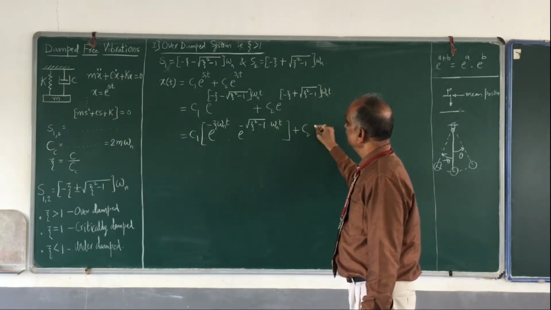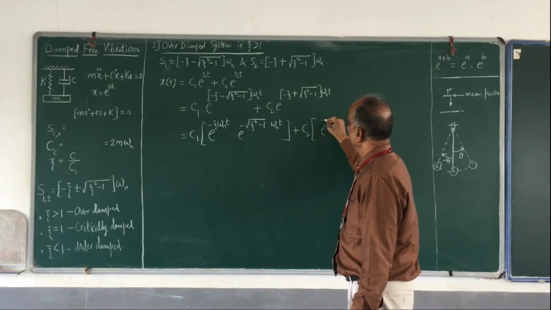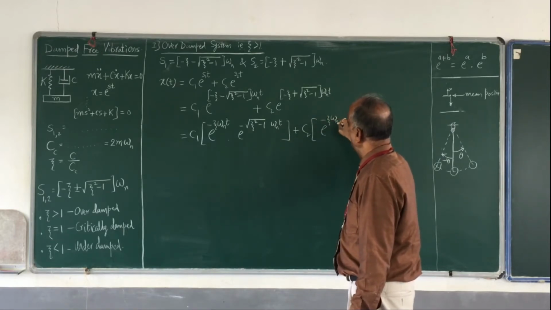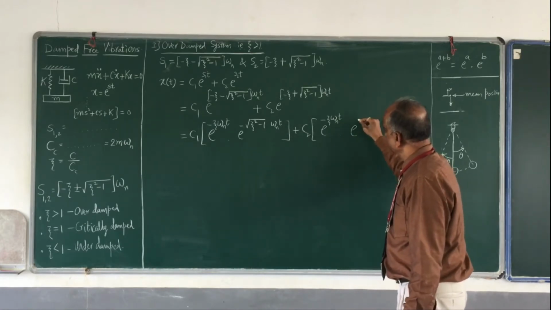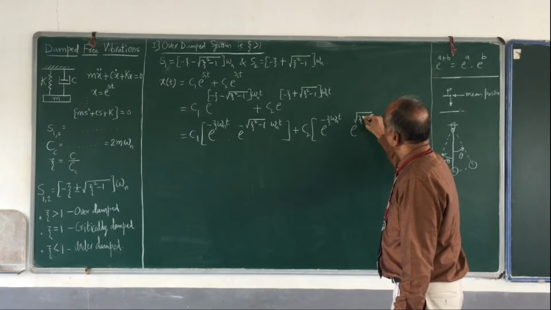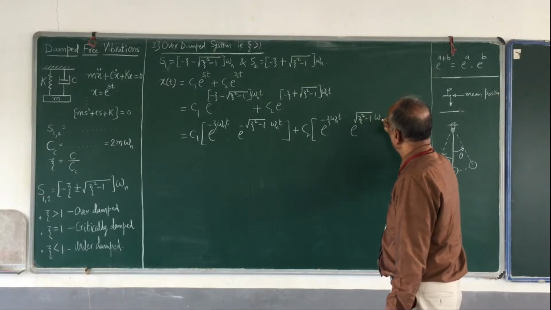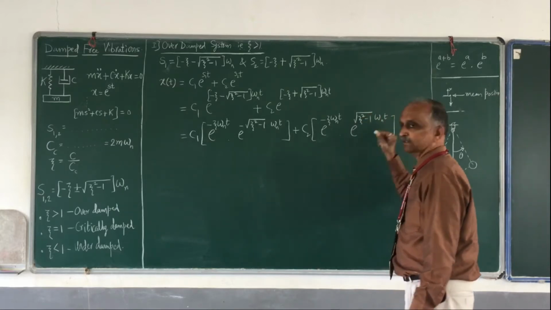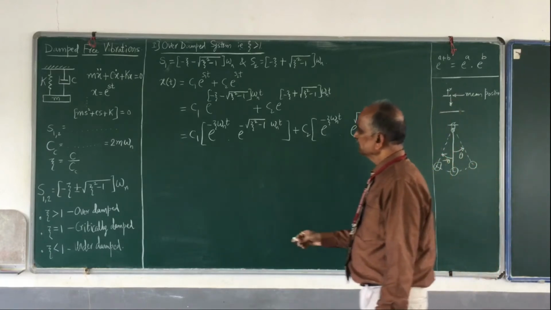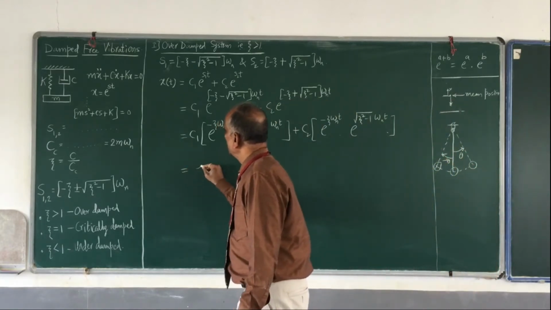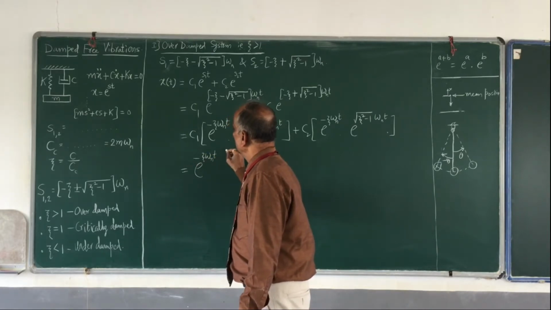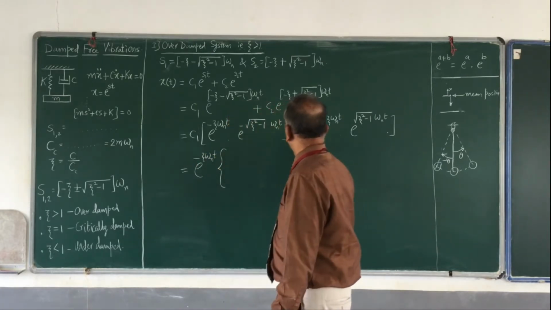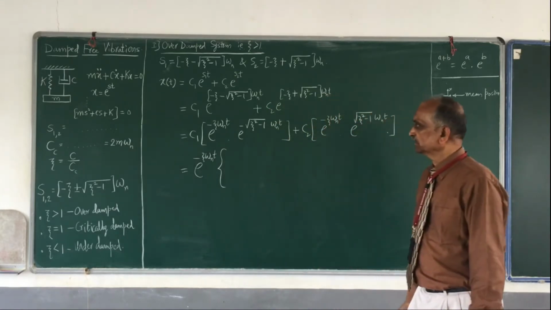Similarly, the second term is C2 into e raised to minus zeta omega n t, multiplied by e raised to plus root of zeta square minus 1 into omega n t. Now e raised to minus zeta omega n t is there in both, so I shall take it out.